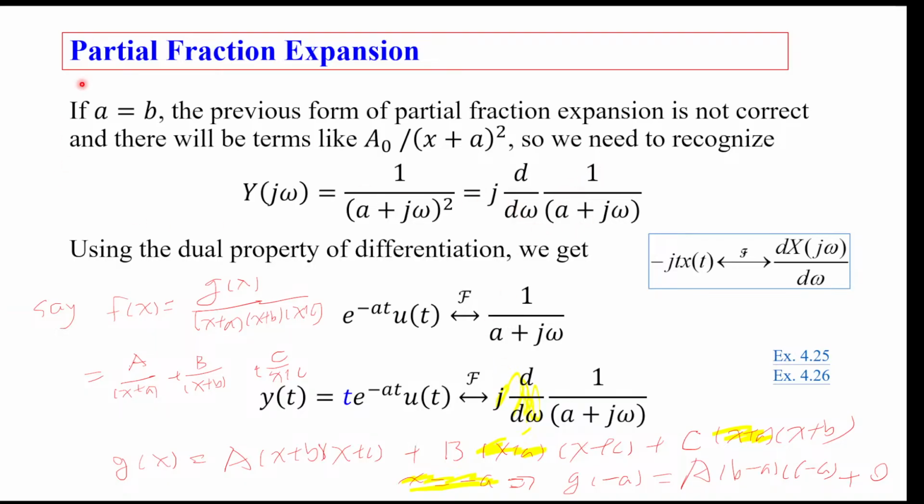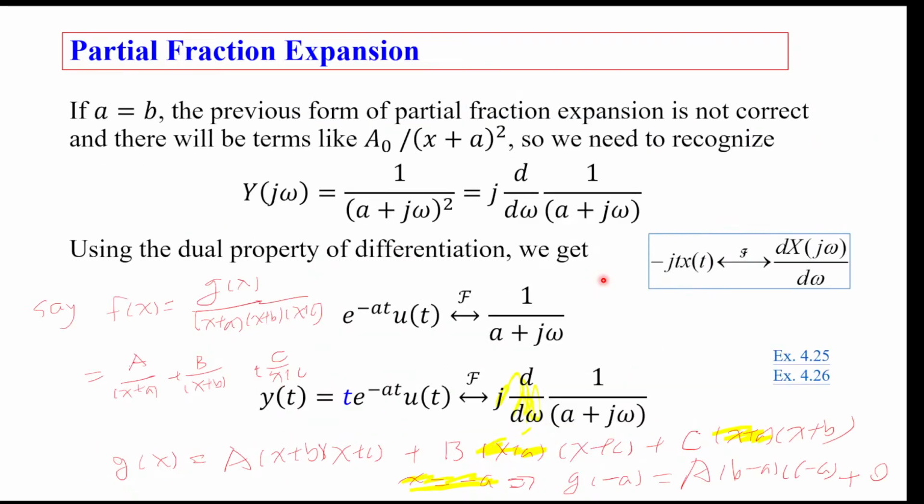then you need to use the differentiation property a few times. Say you have 1 over (a plus j omega) squared, so you have a second order term here, then you get an extra t here, and if you have a third order term, then you will get even more orders of t here, etc. So this is a general strategy to get the Fourier transform of any polynomial, sorry, any rational function.